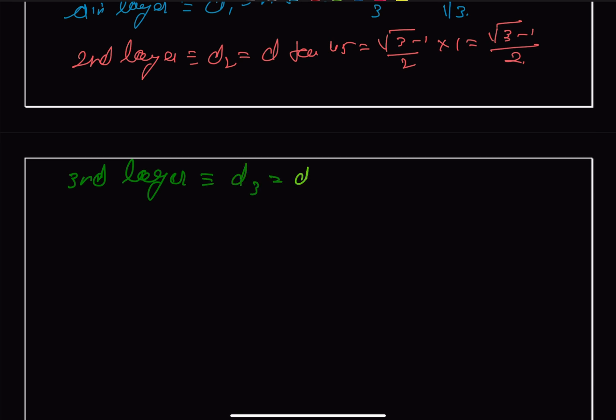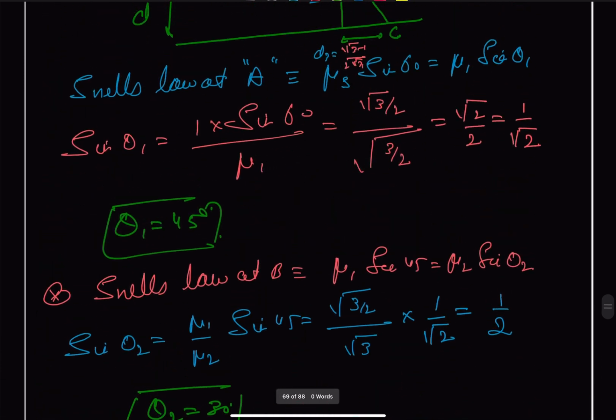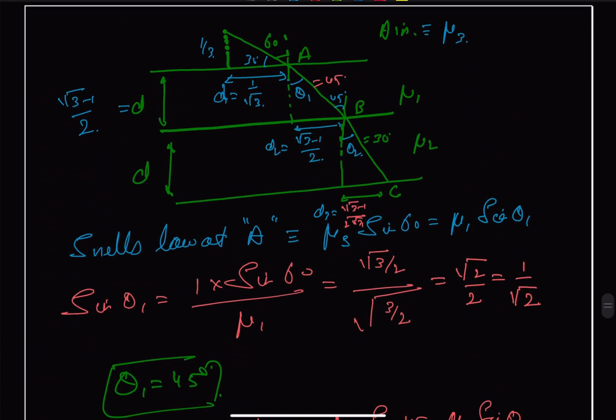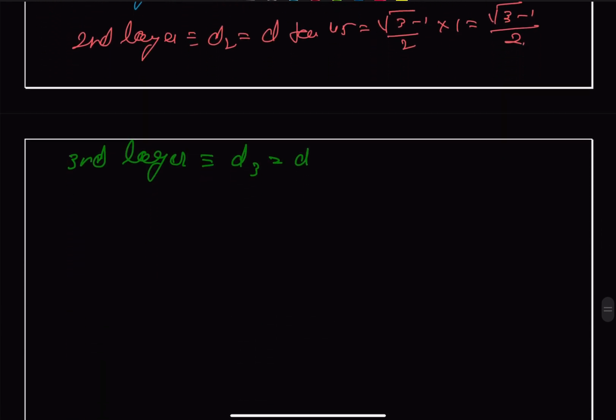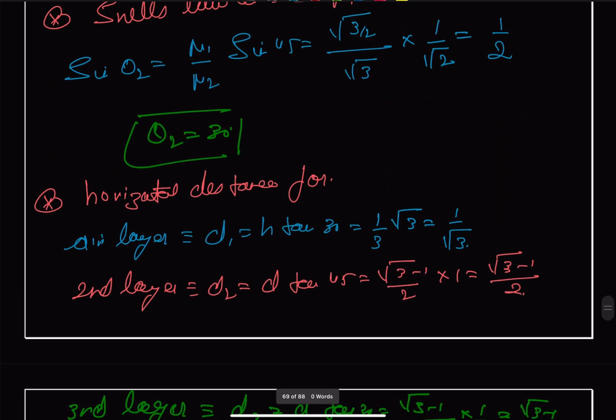This comes as d, and the angle is 30. This comes as square root of 3 minus 1 divided by 2, times 1 upon square root of 3. This comes as square root of 3 minus 1 over 2 root 3. One second, I think I made a mistake here.